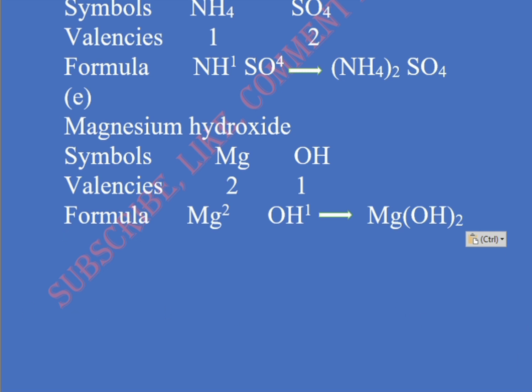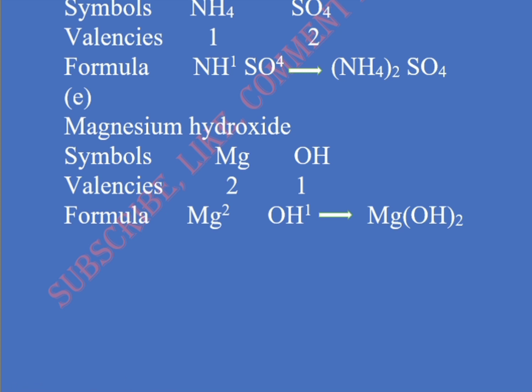Magnesium with a valence of 2, the hydroxide radical with a valency of 1. Remember, for the case of the radical, when the valency is 2 and above, we write the entire radical in a bracket, then we indicate the valency as a subscript.